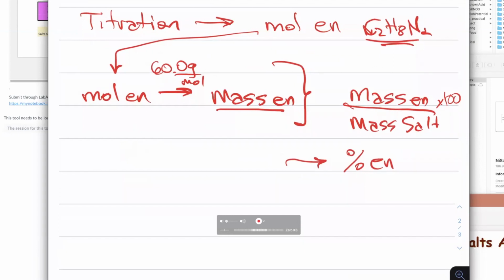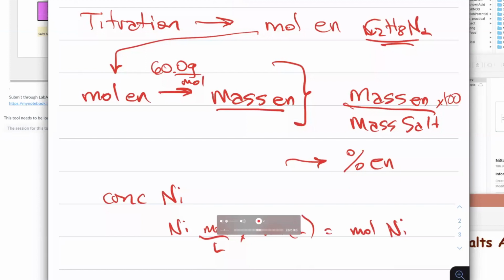Now what you are going to be doing in the nickel analysis is getting the concentration of your nickel. Remember that the calibration curve only gives you the concentration of your nickel. So if you take the concentration of your nickel, which is moles per liter, and you multiply it by the dilution factor, the volume that you have, let's say we convert this to liters, then you have your moles of nickel.